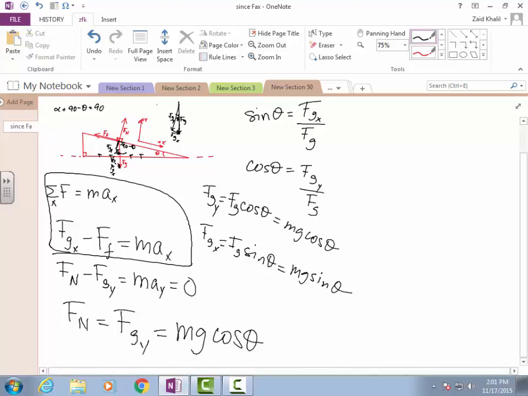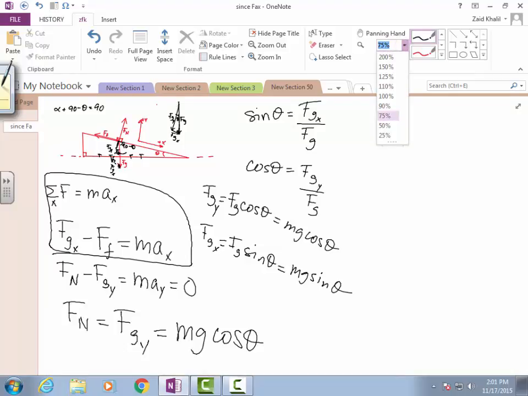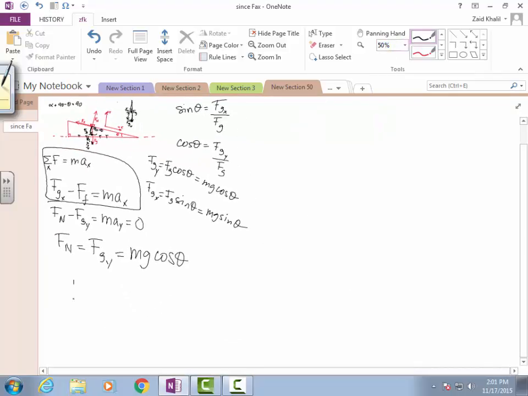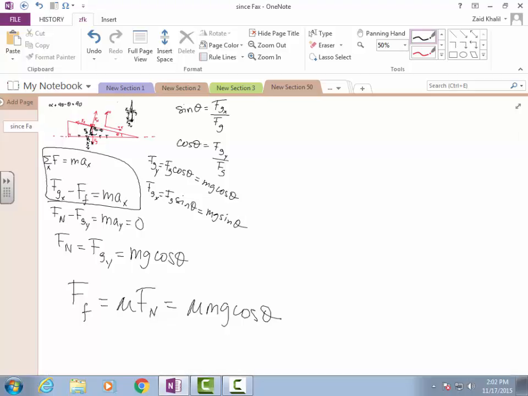So FF equals mu Fn equals mu mg cosine theta. Now remember, that's not always going to be true. That's going to be true in two cases. Which two cases? Which two cases is that going to be true?